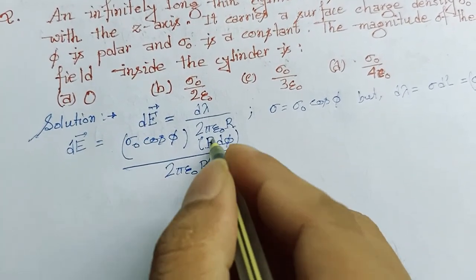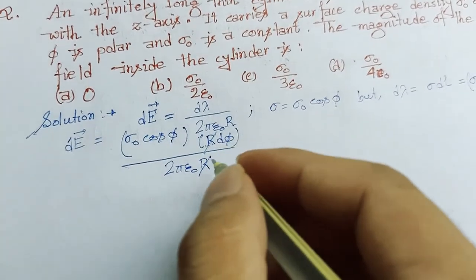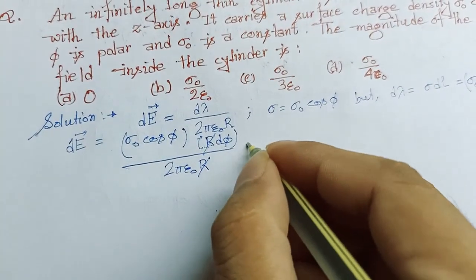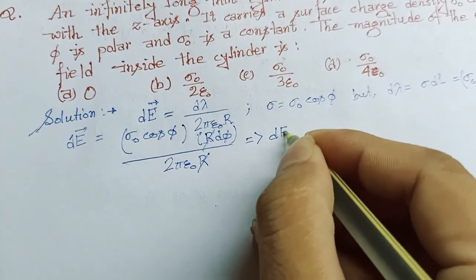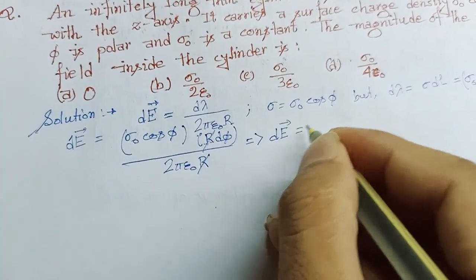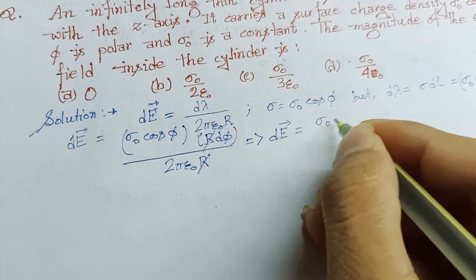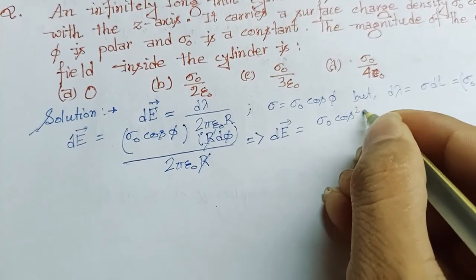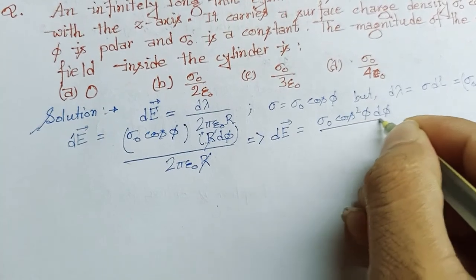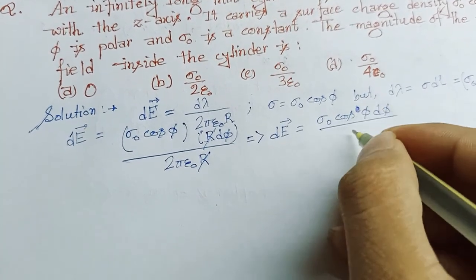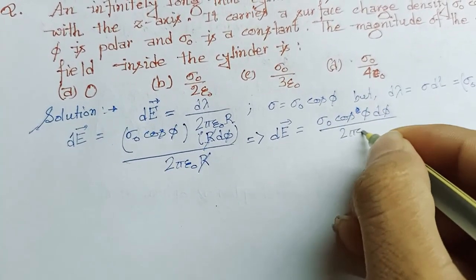Now this r and r will get cancelled, so after cancellation dE will be equal to sigma naught cos phi d phi divided by 2 pi epsilon naught.